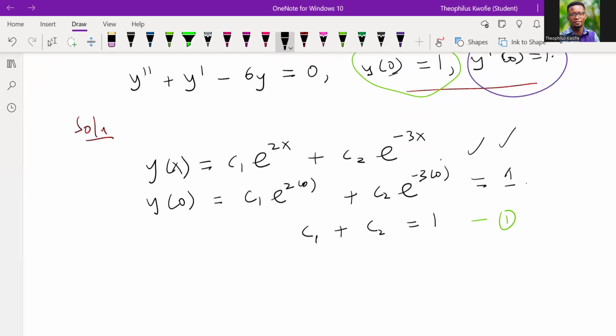By differentiating y of x, when you differentiate e to the power 2x, what do we get? We drop the coefficient of x, which is 2, so we're going to have 2c1 multiplying this, and for the other term we get minus 3c2 e to the power minus 3x.